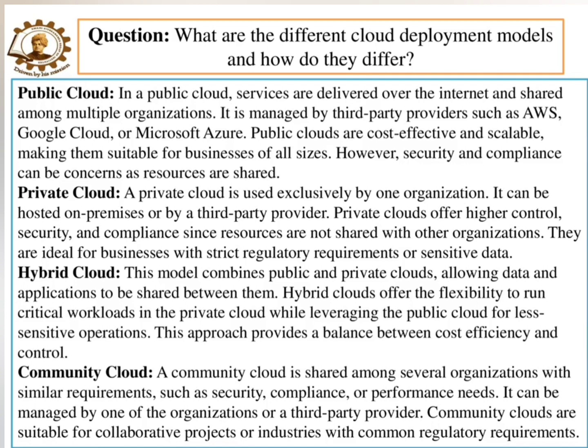Number 4 is community cloud. It is a shared infrastructure for a specific group of organizations with common interests or needs. This model fosters collaboration and resource sharing among trusted partners. Let's take an example.